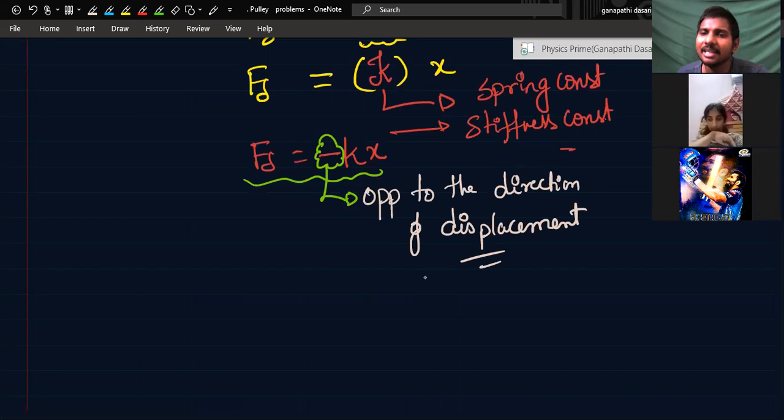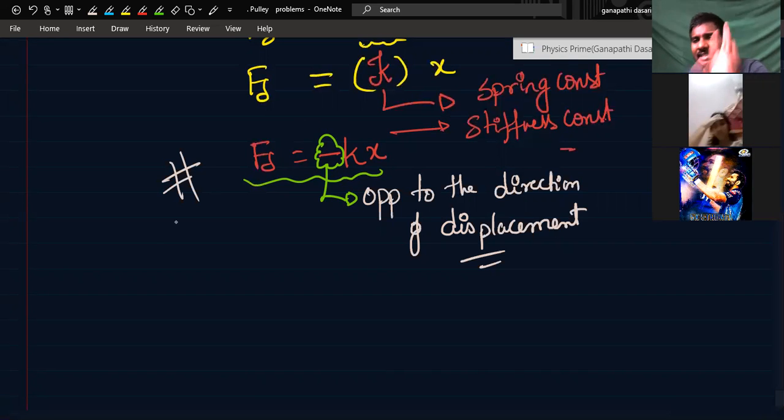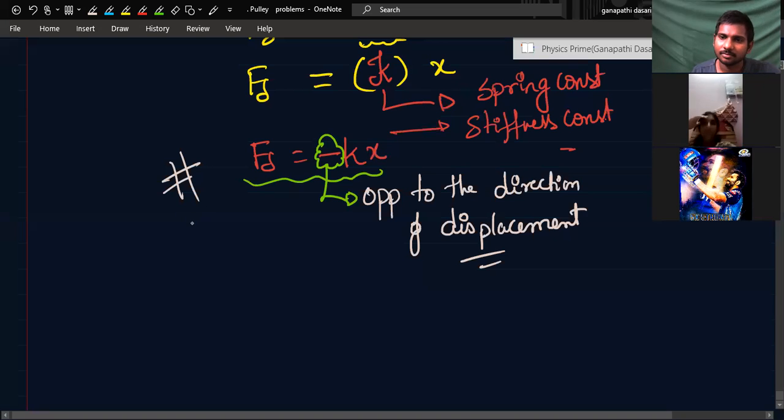If it is expanded, you will know the direction or not. So if you take the direction by common sense, don't use this minus formula. Directly use the kx formula for the spring force. Varun? If in the free body diagram you have taken the direction properly, you don't need to use the minus there. Directly kx we can take.